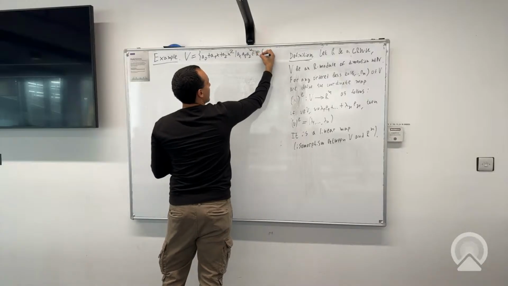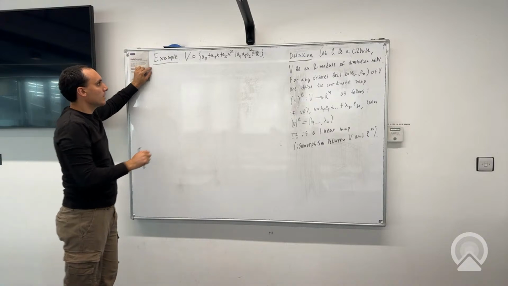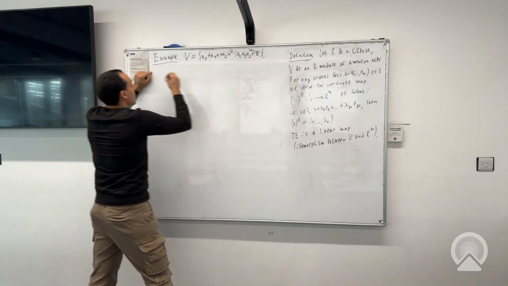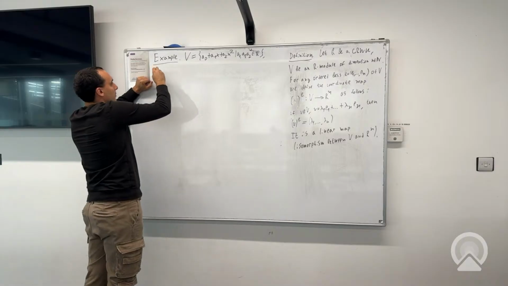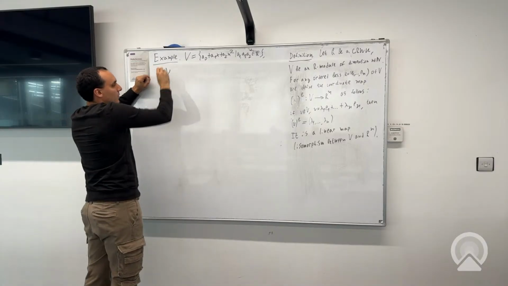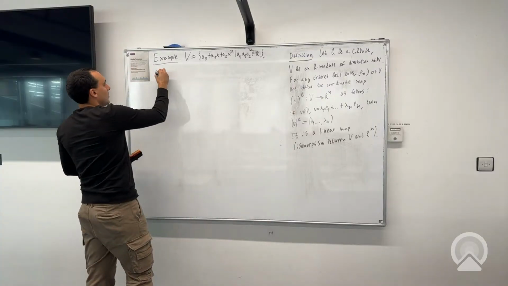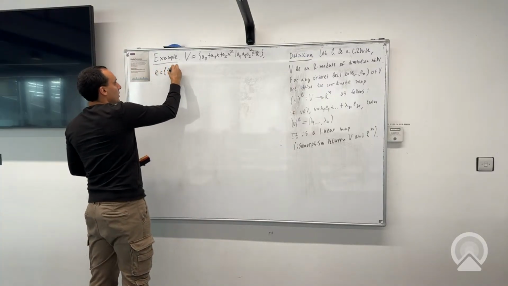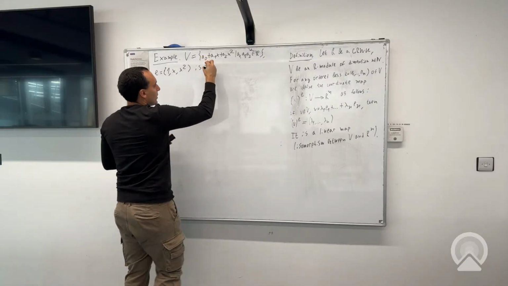It can be any ring, but let's pick real numbers. E is the basis 1, x, x squared, the standard basis of V.